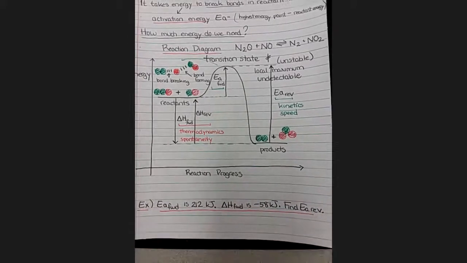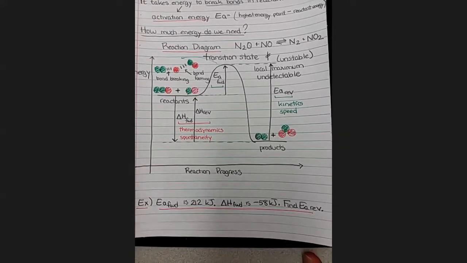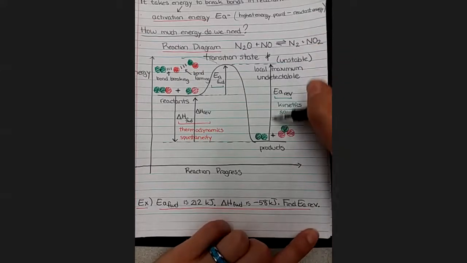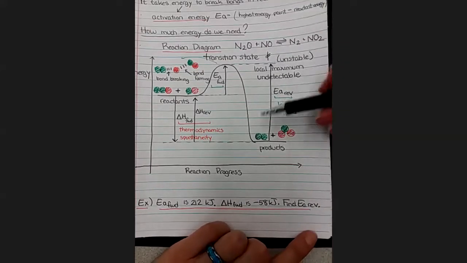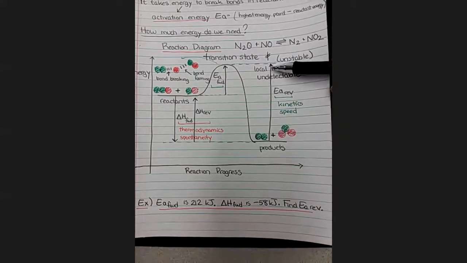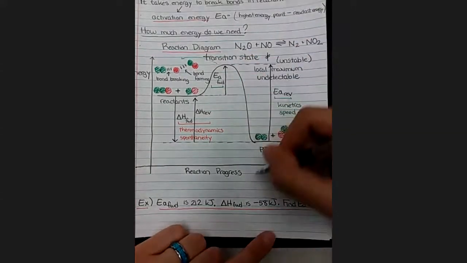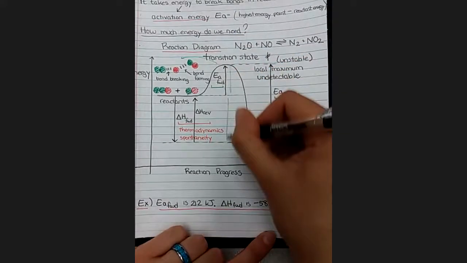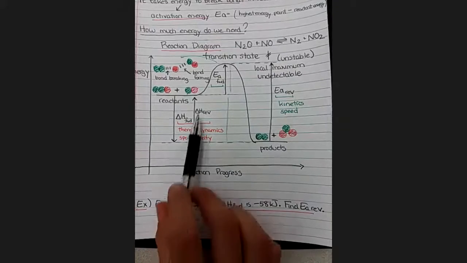This is a lot like our Q plus W problems. It's a pretty simple add subtract problem. We just need to make sure we get the signs right. So we're trying to find activation energy reverse. So it should be a positive number because we're going from low to high. And we're going to want to add the activation energy forward with the delta H of the reverse.